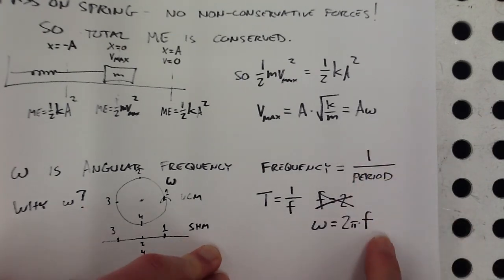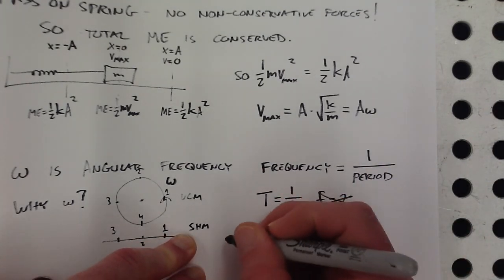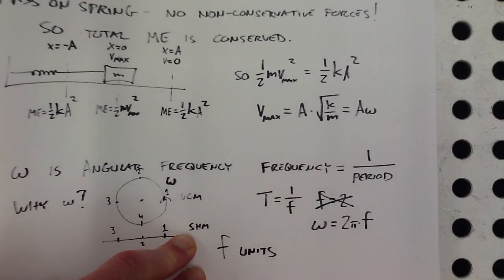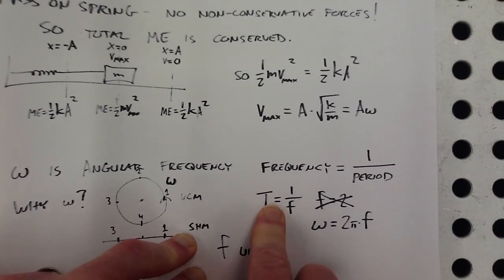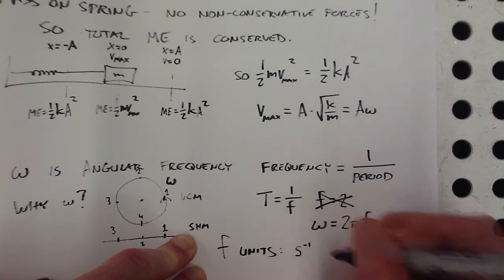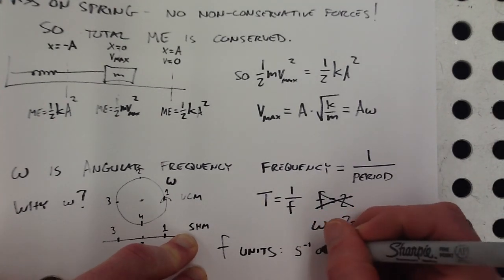And then, of course, what would the units for frequency be? Well, the units for period are seconds, the SI units, so frequency would be upside down of that, which would be seconds to the -1, which is fine.